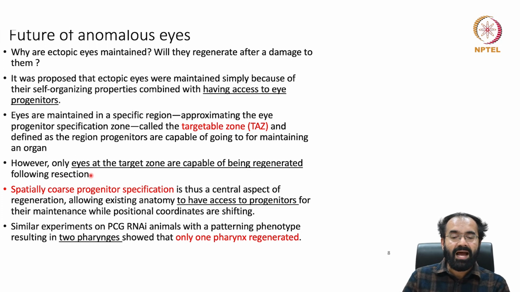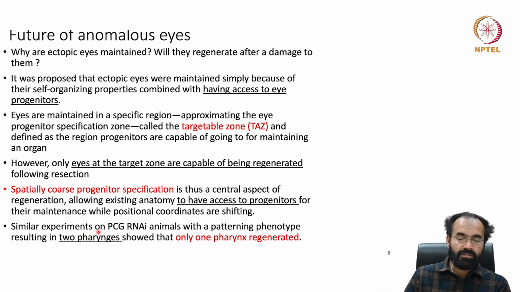However, only eyes at the target zone are capable of being regenerated following resection. Spatially coerced progenitor specification is thus a central aspect of regeneration, allowing existing anatomy to have access to progenitors for their maintenance while positional coordinates are shifting.